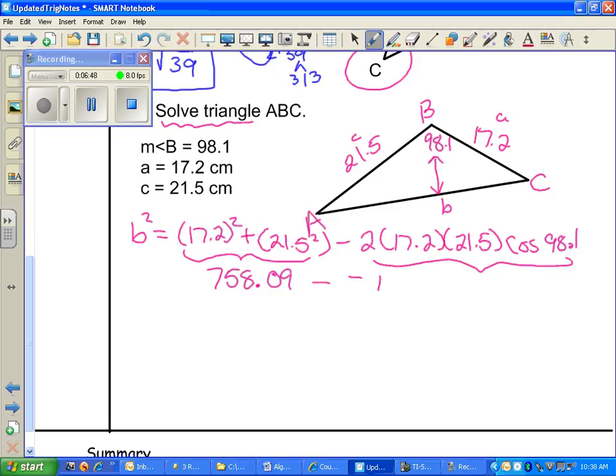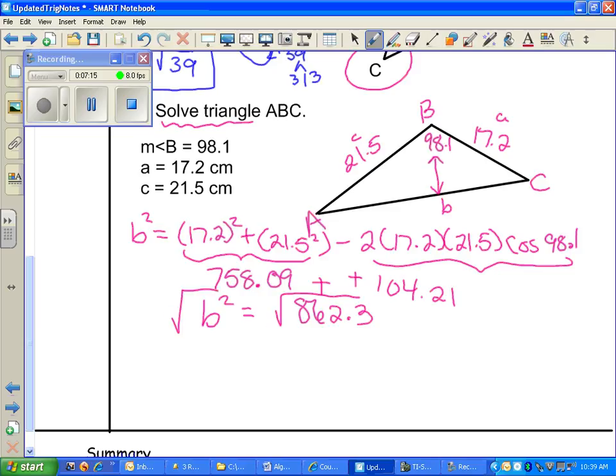It's a negative 104.21. Minus the minus is adding, so we're really going to be adding here. 758.09 plus 104.21 is 862.3. So B squared is that, and then we'll square root.